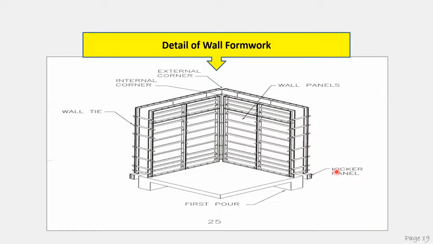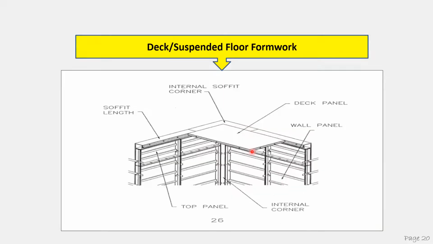It is to adjust the height and the leveling. Then you have a wall tie. Of course, you need to tie up two formworks, the inner and outer side. So you have the wall tie, the formwork tie, and you have an internal corner and an external corner. So that is the detail of the formwork.